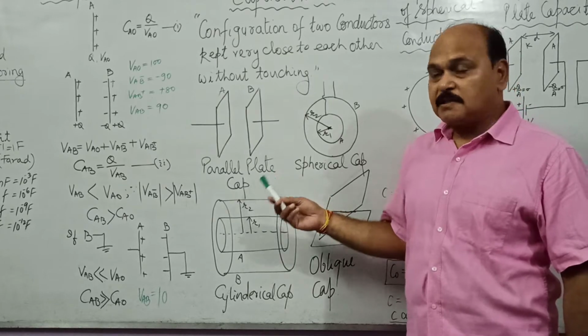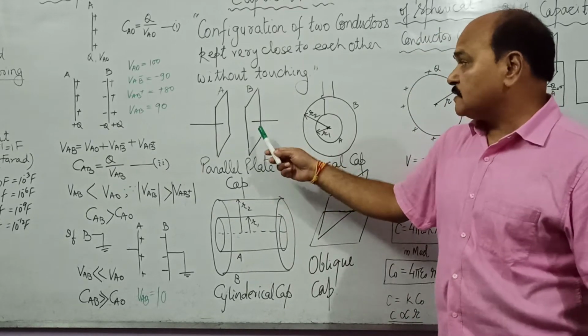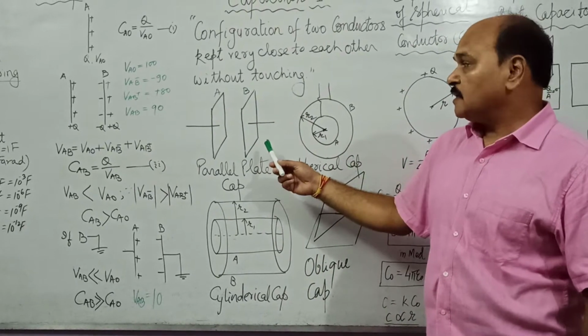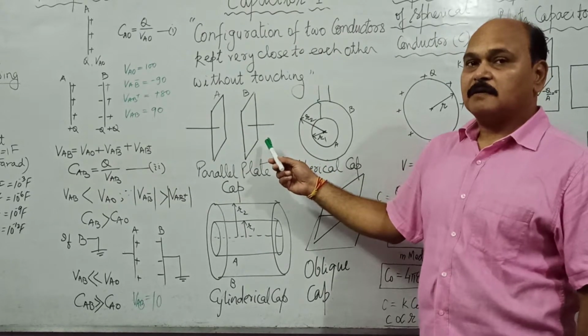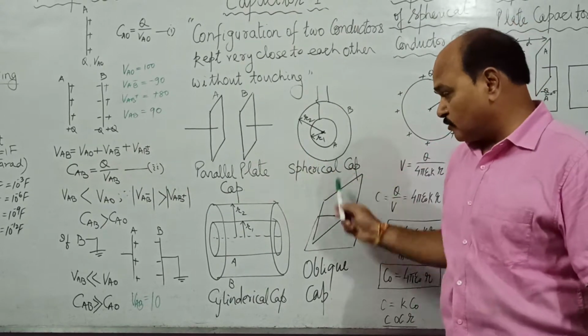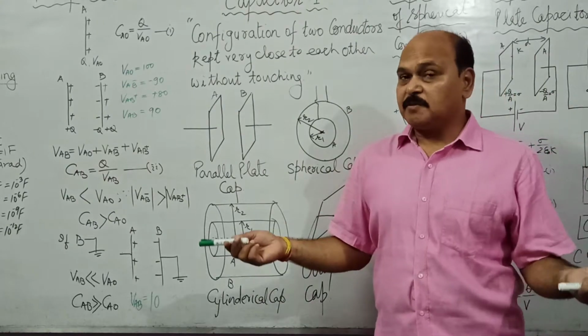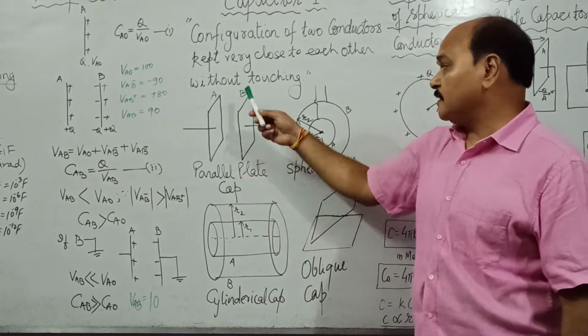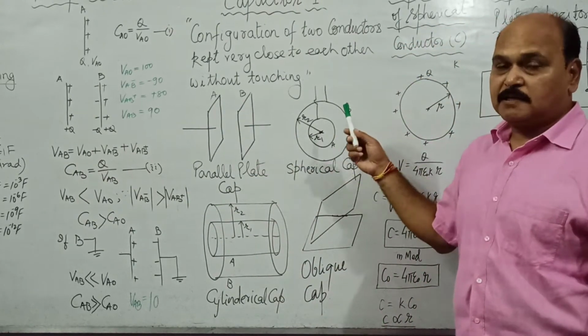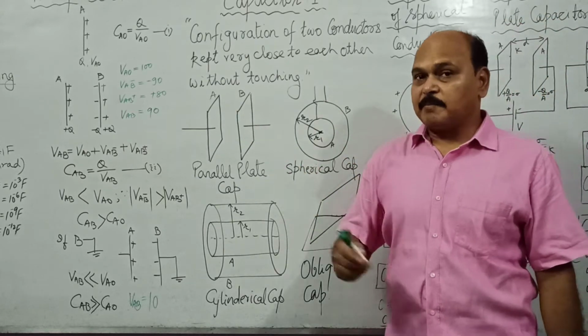It is not necessary that the two conductors making up a capacitor are identical. They may be similar as shown here, and they may be dissimilar. There may be a conducting plate kept very close to a spherical conductor, that is also called a capacitor.